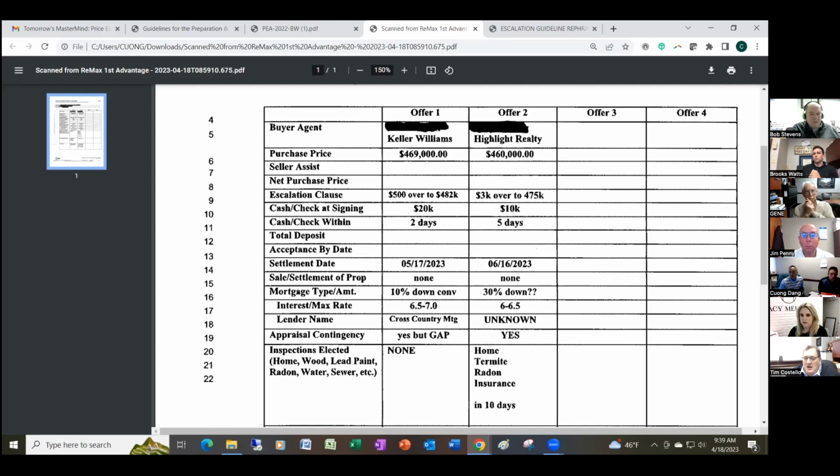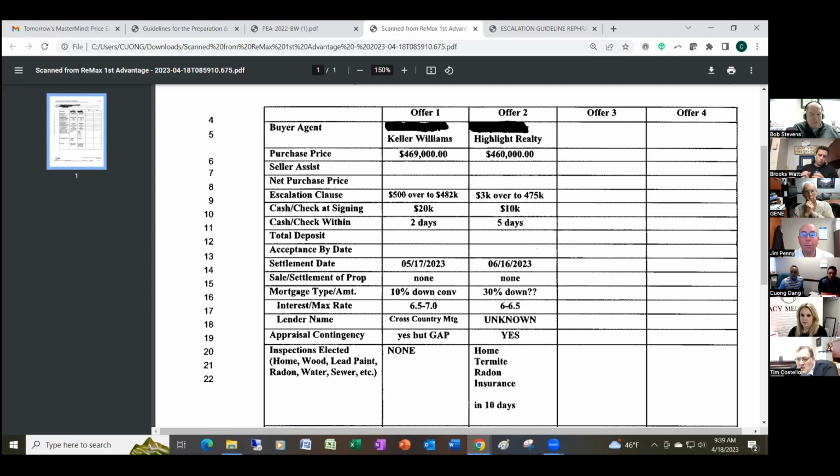I'm saying that in offer number two, where it says $3,000 over, up to 485, if it said 485 instead of 475, and you look at those two offers, offer number one is willing to go to 482. So now that's the highest escalation that you have against two offers.